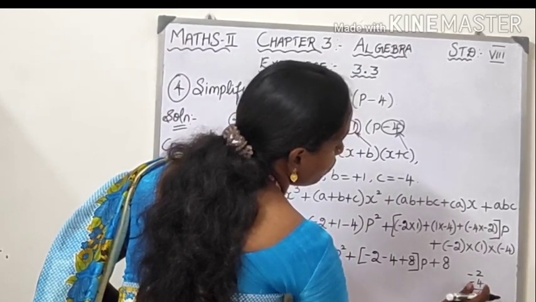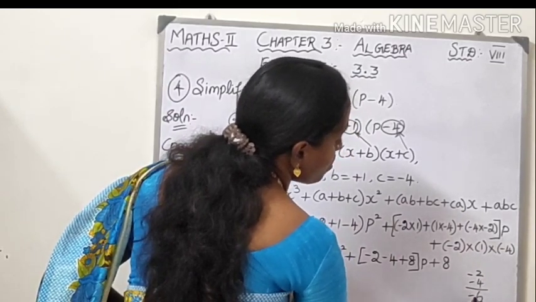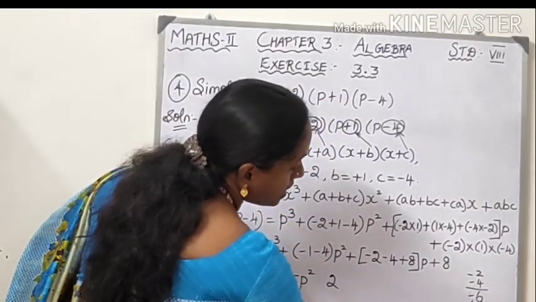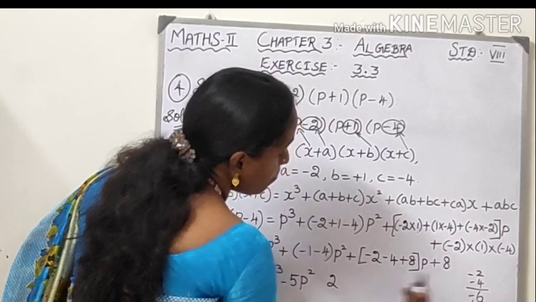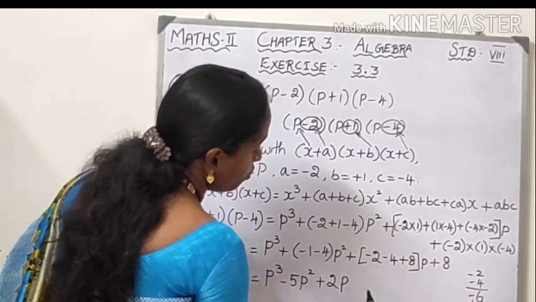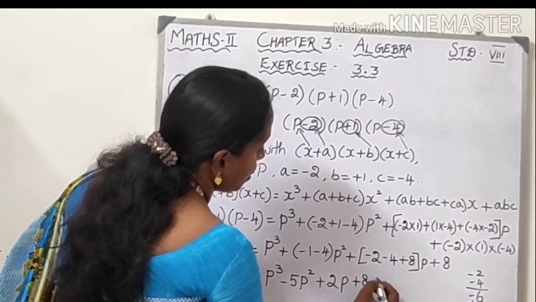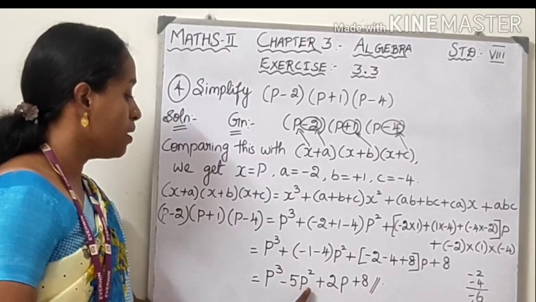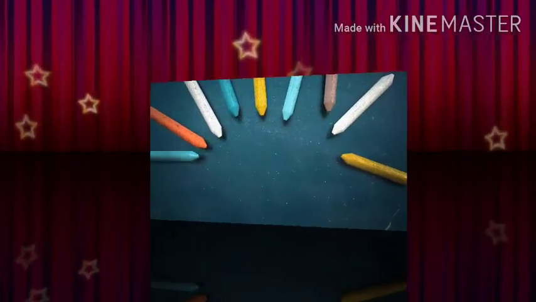So we have two different signs, so you have to subtract the number. If you subtract the number, you will get 2. Which is the bigger number? 8 is the bigger number. The sign is plus. So you can write here plus 2. Variable is p. So 2p plus 8. So this is your final answer: p power 3 minus 5 p square plus 2p plus 8.